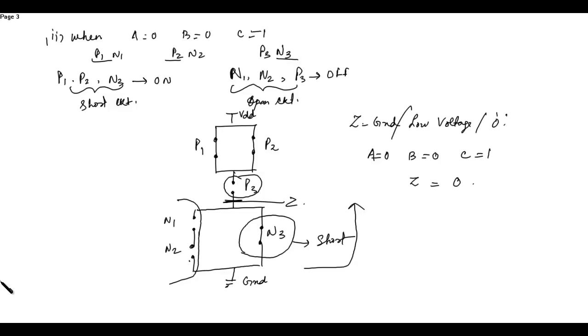Now let's see the third condition, that is when A is equal to 0, B is equal to 1 and C is equal to 0. So this is again, let me write P1 and 1, P2 and 2 and P3 and 3.